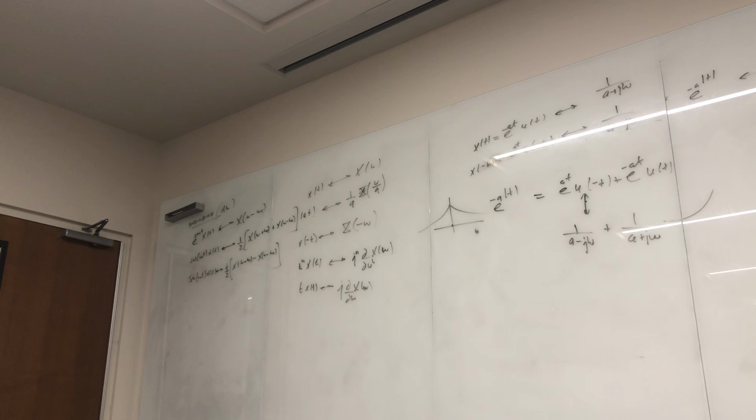So if I have a function, and this is a low frequency signal, I like this signal. Suppose I have just e to the minus at u of t, and that's my x of t. I could multiply it by a sine, a cosine, or a simple e to the j omega naught t. Let me do cosine.